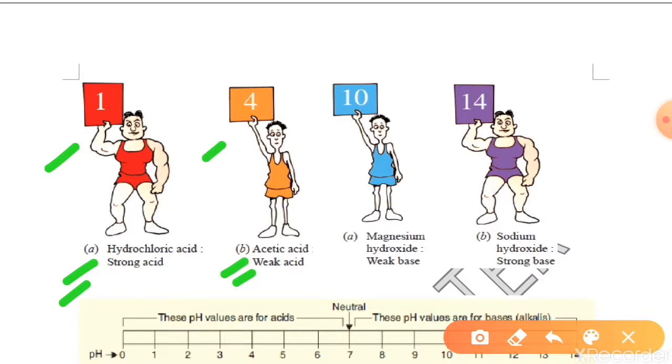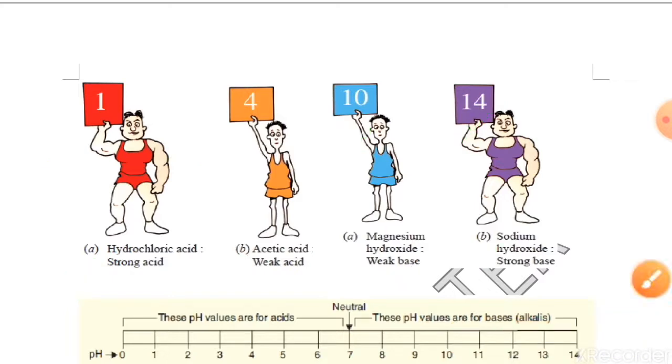Now, for bases. First is magnesium hydroxide, which is a weak base and we better know it as milk of magnesia, having a pH value of 10. Second is sodium hydroxide, which is a strong base, having a pH of 14. So for bases, the higher the pH value, the stronger the base. So this was the concept which we have to understand.